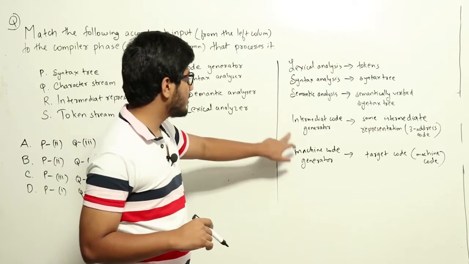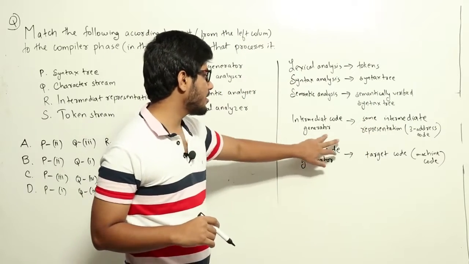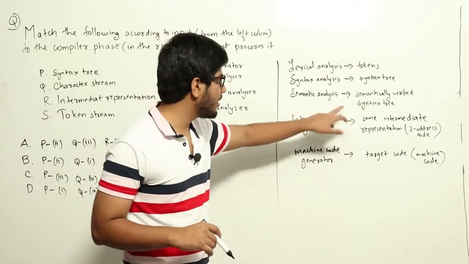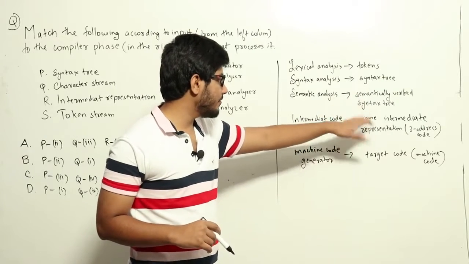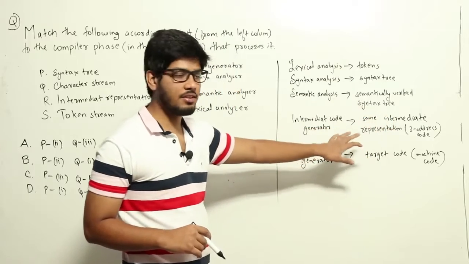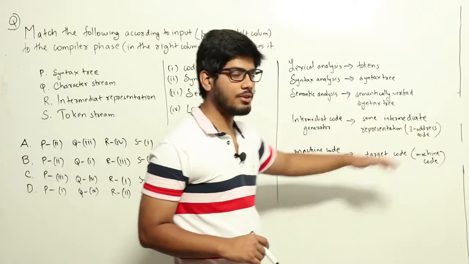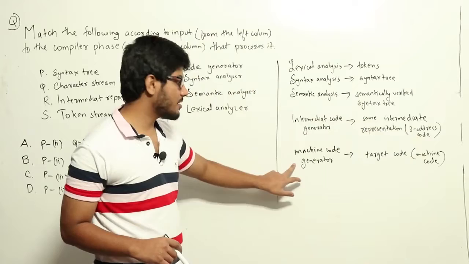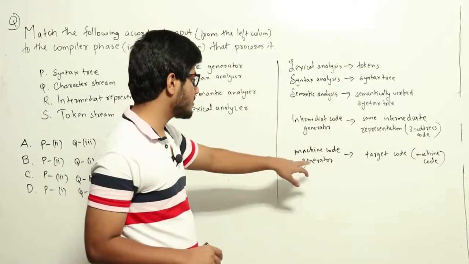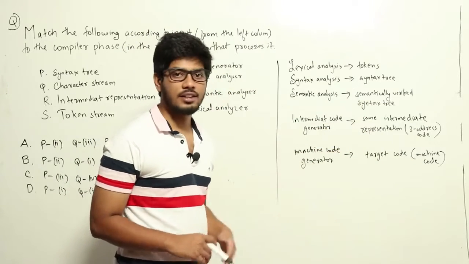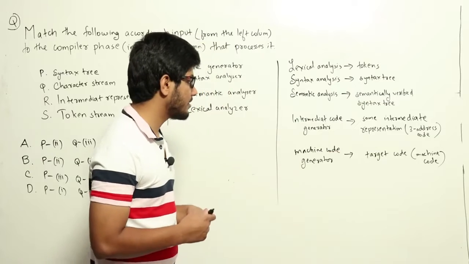After that the stage is the intermediate code generator. It will take this semantically verified syntax tree and output some intermediate representation of the code. One example is 3-address code. The final stage is the machine code generator that will take the 3-address code and output the final target code or the machine code, whatever is required.